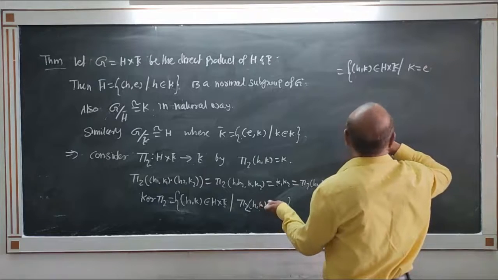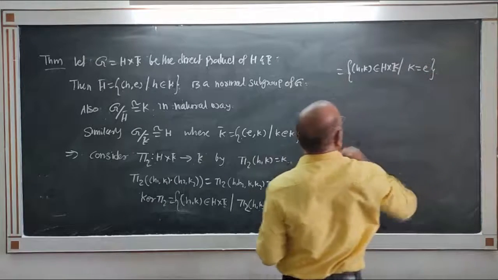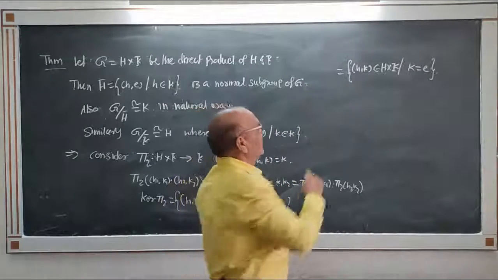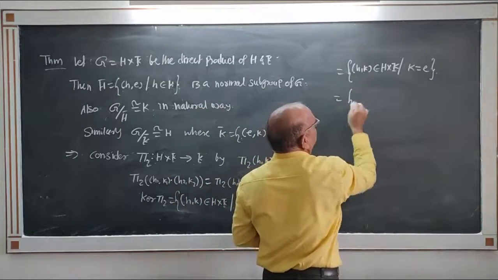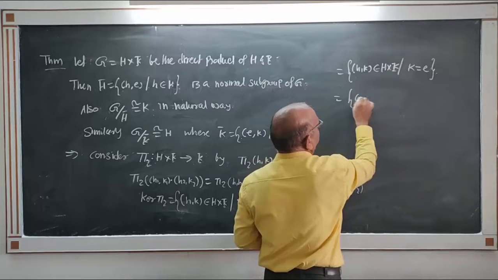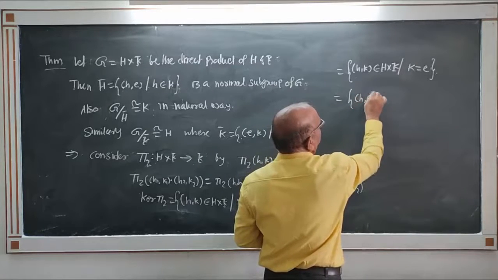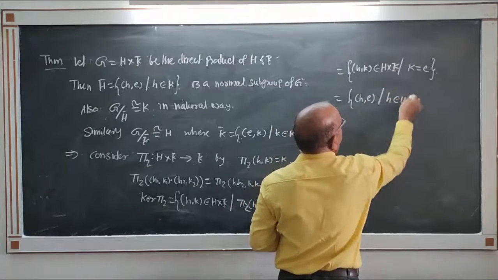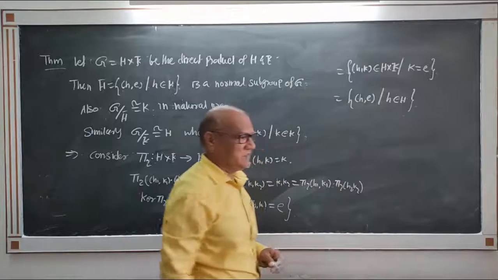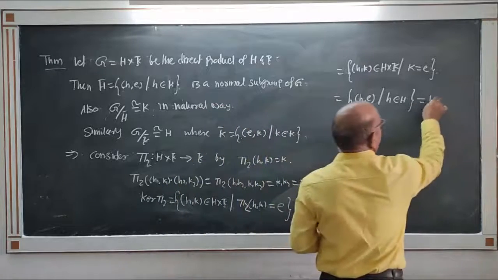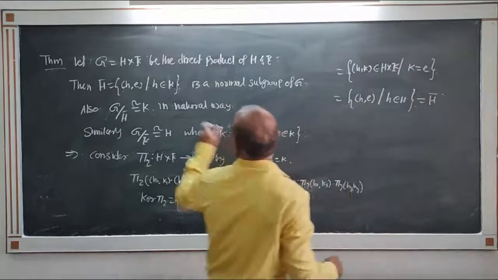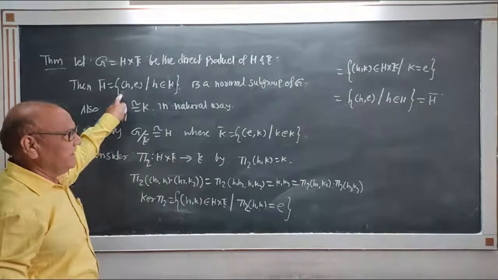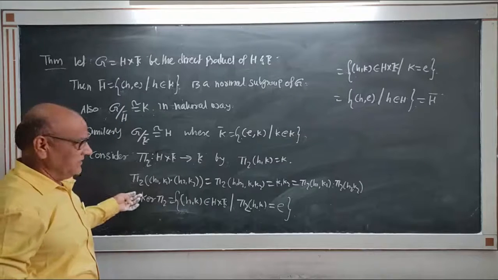The image of pi 2 is K. Clearly this is equal to the set of (h, e) such that h belongs to H, and this is equal to H bar.